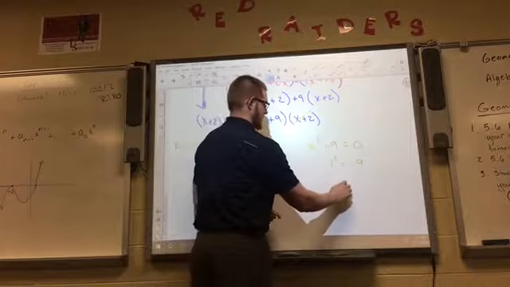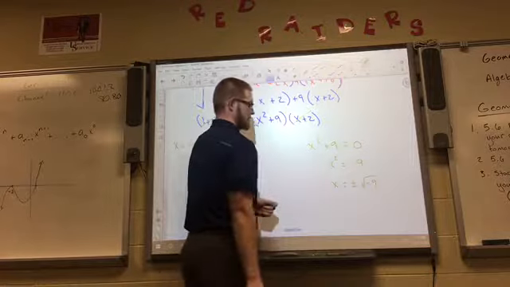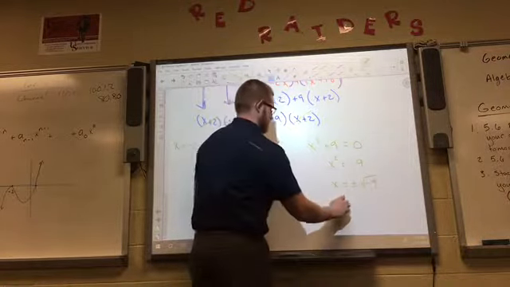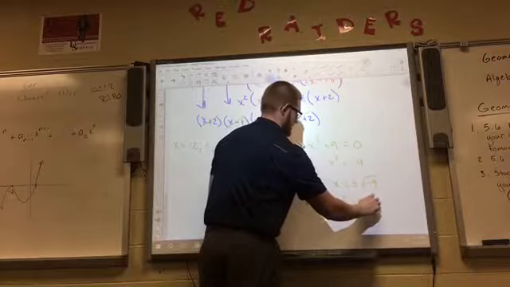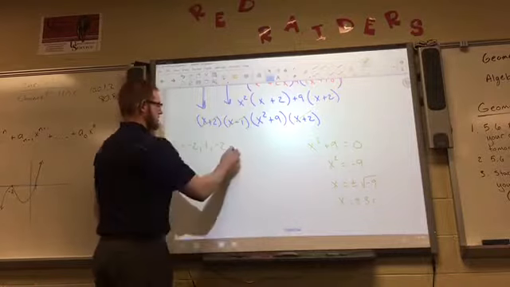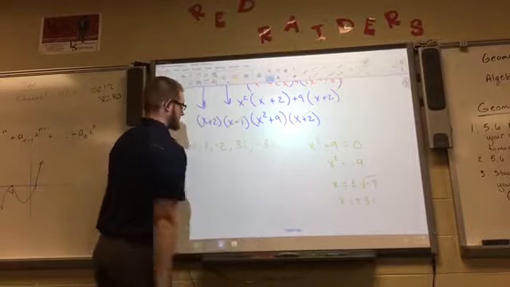Square root. So x equals plus or minus the square root of negative 9. Square root of negative 9 is 3i. So I have x equals plus or minus 3i. So there's 2 more, right? So I have positive 3i and negative 3i.